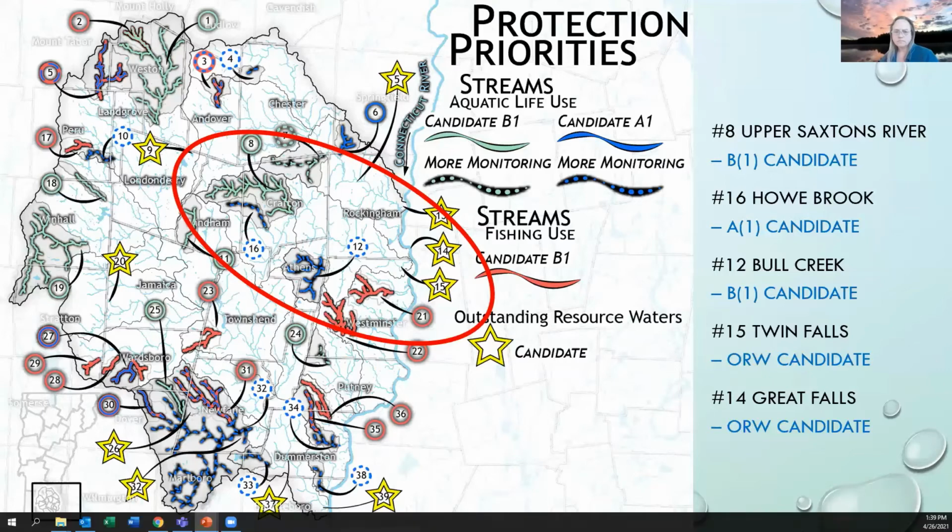Okay, got it. Thank you. And Marie, are you talking about the main stem of the Saxtons River and all the little tributaries that run into it? Yep, which is really great. That water's in really nice shape. We have had what we call a sentinel monitoring site on the upper Saxtons for many decades. So we have really good water quality on the upper Saxtons.